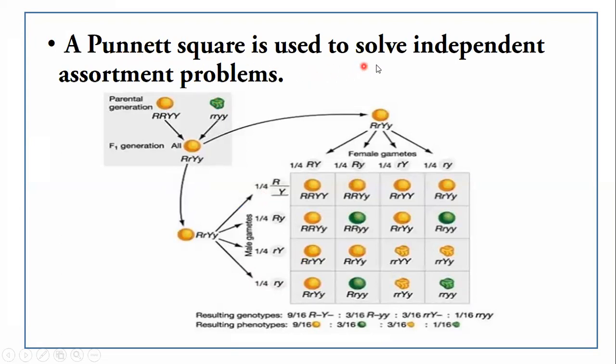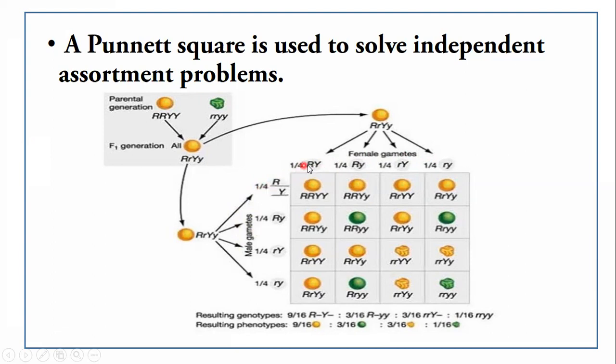A Punnett square is used to solve independent assortment problems. With the help of a Punnett square, we can easily calculate the ratio in the F2 generation, and we can also easily observe the genotypes of the F1, F2 offspring. So what is the Punnett square? A Punnett square is basically a square diagram with different rows and columns. And you can see here the female gametes are present horizontally, while the male gametes are placed vertically.